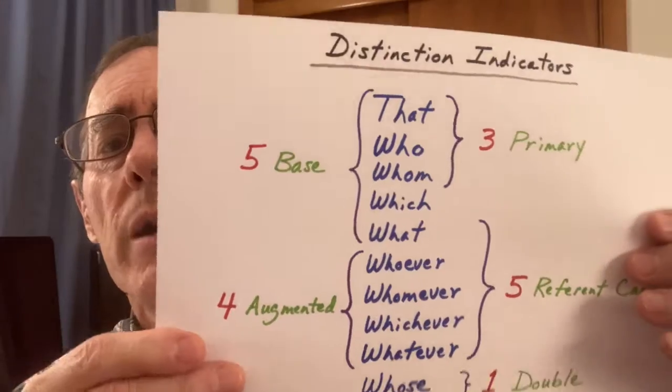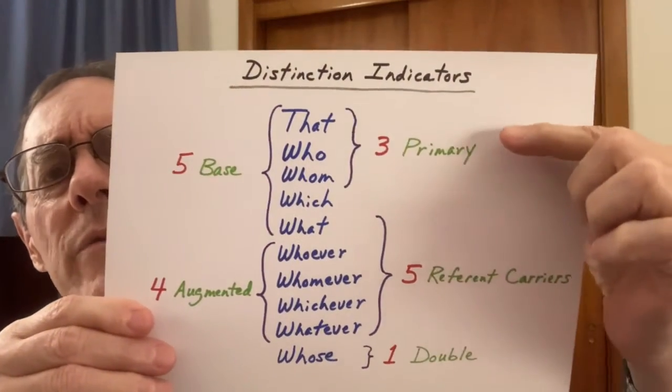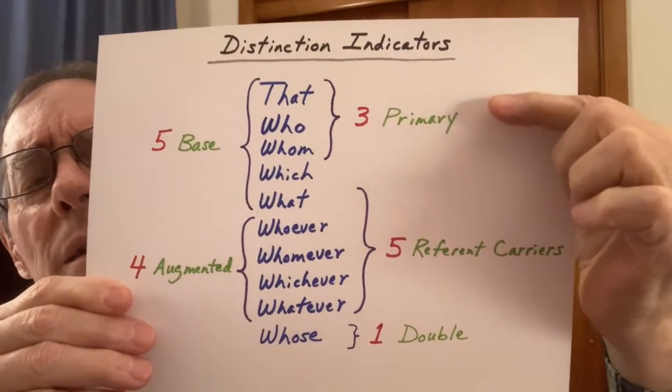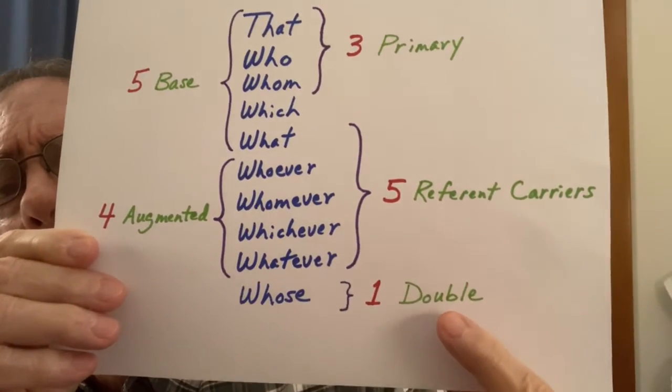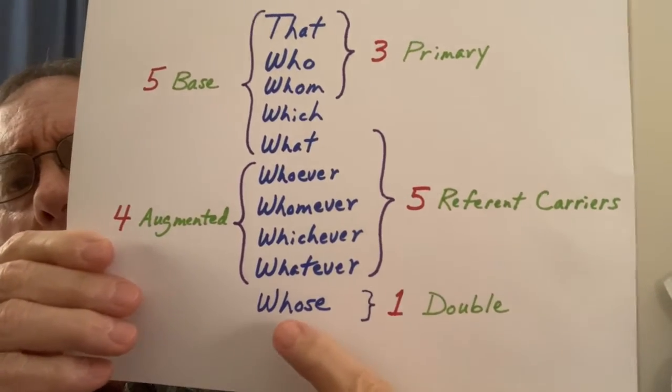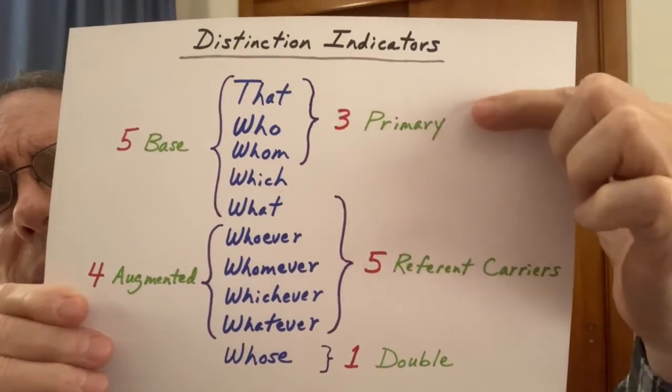I'd like to show you this because I didn't have time to go over it in detail. I took from my chart an example of a primary distinction indicator, a referent carrier, and the double distinction indicator, which is the word whose. I took one from each of the main categories, and I mapped it out.